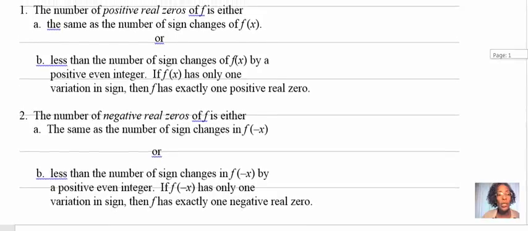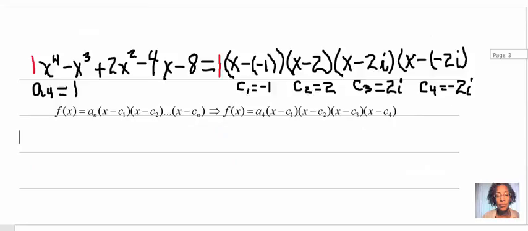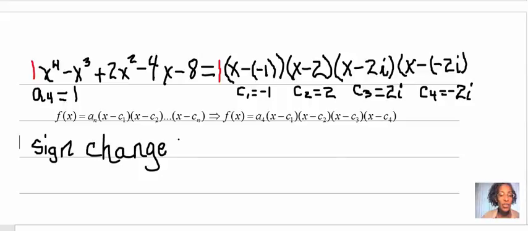So let's go take a look at f. Remember, this is our f. And let's look at how many sign changes f has. So you're looking at sign changes. The leading coefficient is positive. The next coefficient is negative.